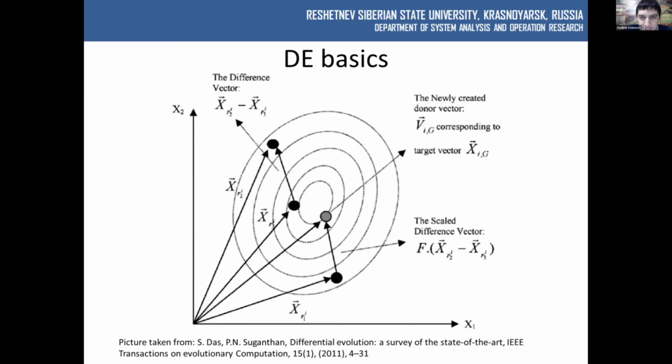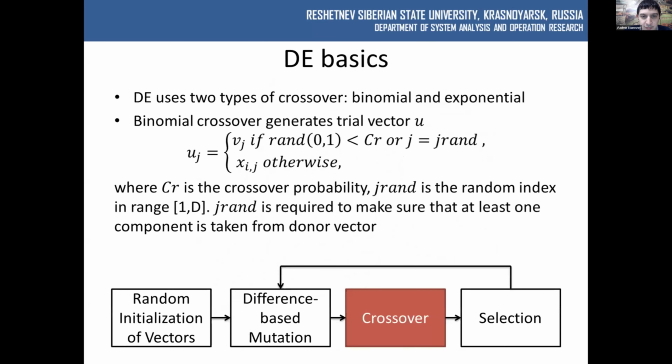We have several vectors xr1, xr2, xr3. We calculate the difference vector xr2 minus xr3, then scale this difference and add it to one of the other vectors, and with this operation we get a newly created mutant or donor vector.